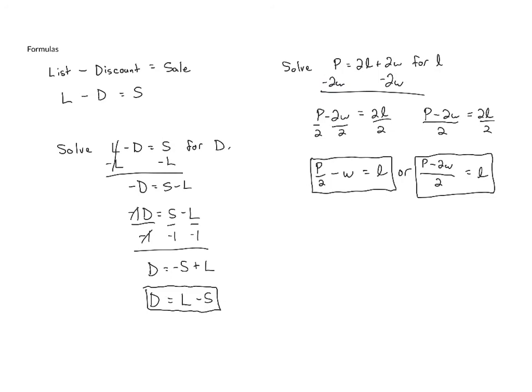You will find examples where you need to add something on both sides. You'll find examples where you need to multiply to get rid of denominators, to get rid of fractions. You might find examples where you have to distribute. So there's a whole bunch of things you might need to do, and the only way you're going to get really comfortable with all of these is to look through those problems and get practice.